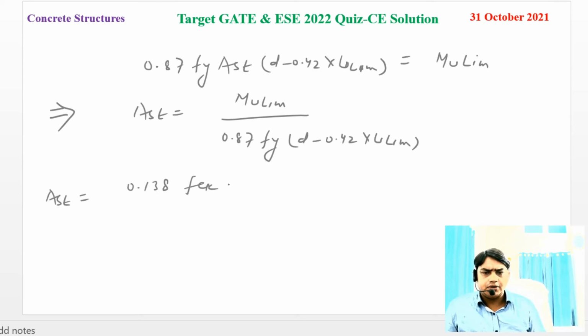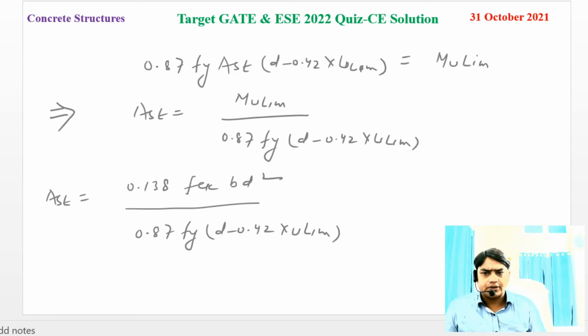b d square divided by 0.87 fy into d minus 0.42 xu limiting.